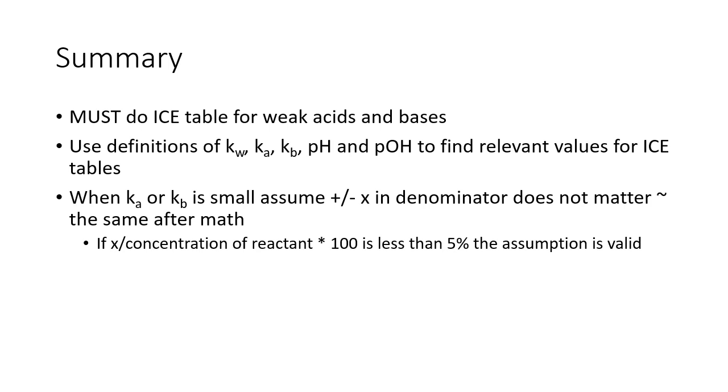And that's if you're doing plus or minus 2x, 5x, whatever. After the math, the concentration will be approximately the same. And you can check that assumption. So if the x that you come up with when you make that assumption divided by the concentration of reactant times 100 is less than 5%, then your assumption is valid.